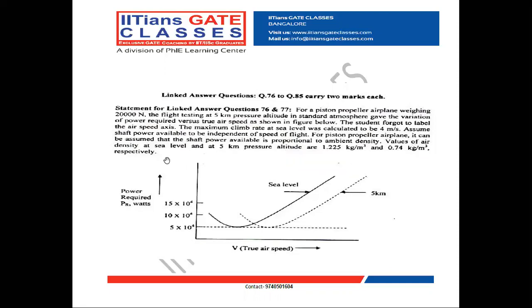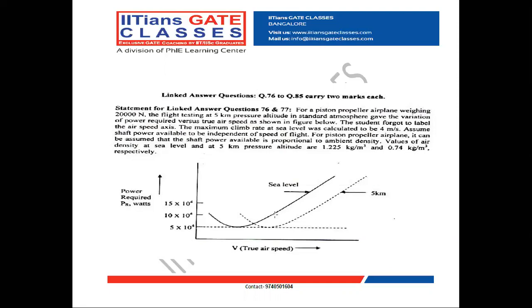The values of air density at sea level and at 5 km pressure altitude are 1.225 kilogram per meter cube and 0.74 kilogram per meter cube. That is, they are given the density at sea level and the density at 5 kilometer altitude.